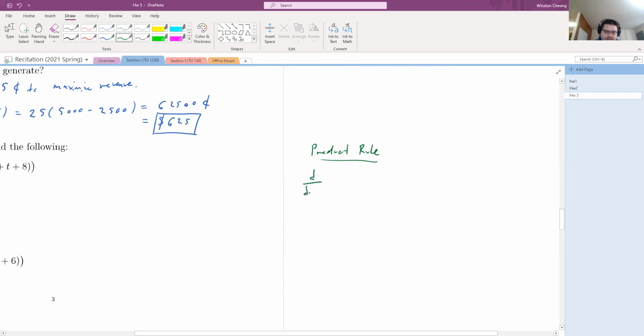So if you write it out in full, you want to take the derivative of a function f times a function g. Fully expressed, this is what the rule says: f prime times g plus f times g prime.